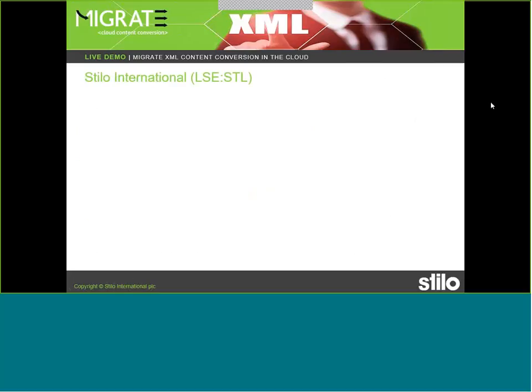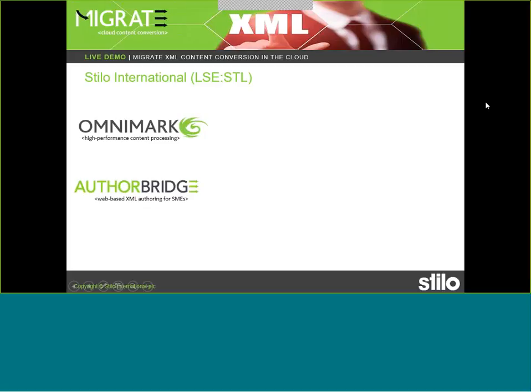So let me just begin with a couple of introductions. For those of you who don't know us, Stilo International, we're a publicly listed company on the UK Stock Exchange, London Stock Exchange. We're a technology company. We developed a product called OmniMark, which is a content processing language and has really been preeminent in the SGML content processing space for more than 20 years now.